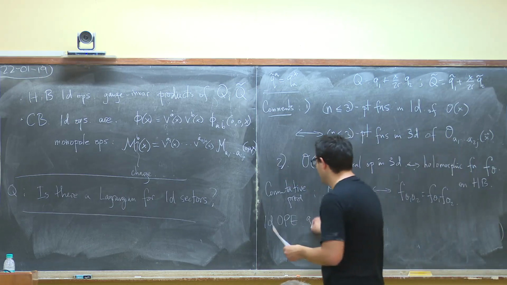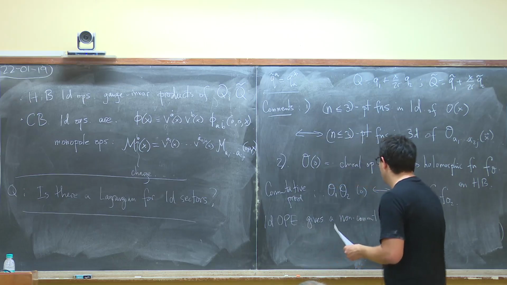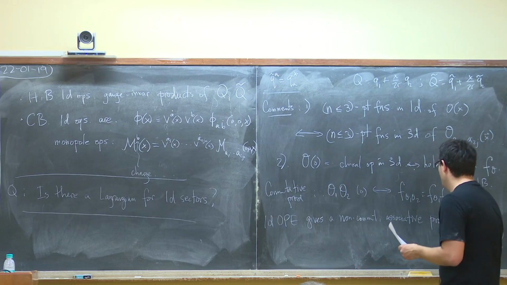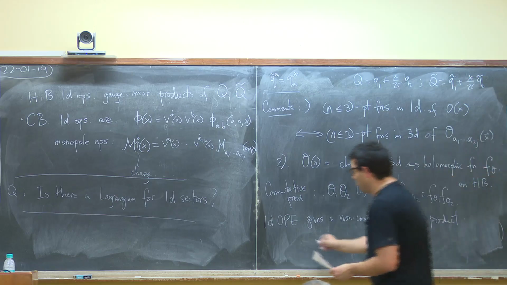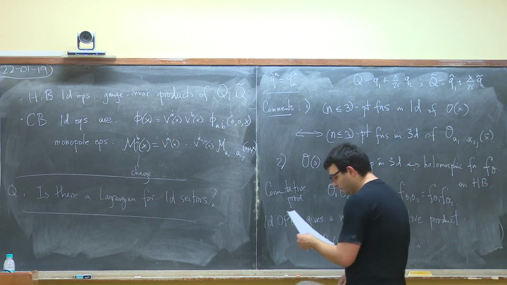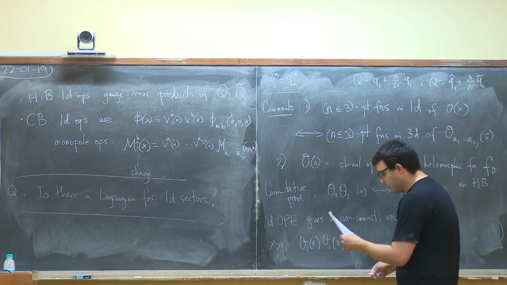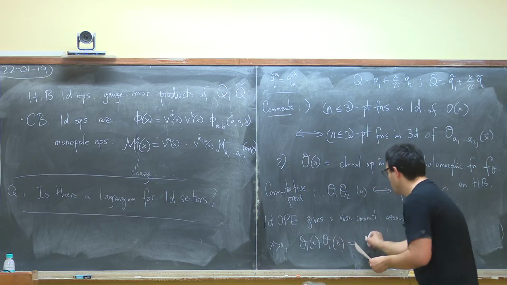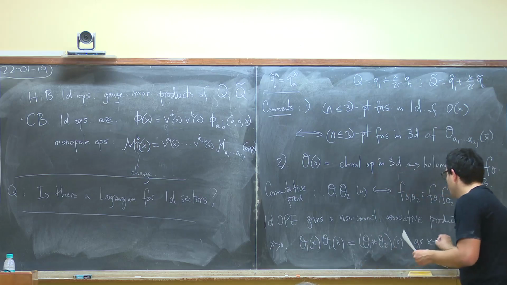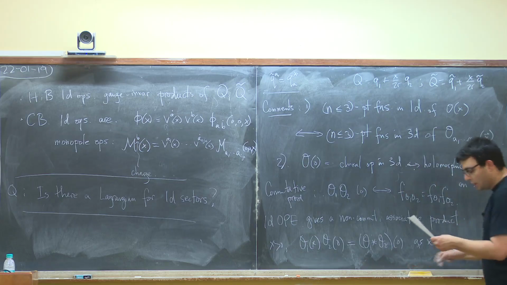This gives a non-commutative but associative product, or a star product. We define O1 of x, O2 of 0, say when x is bigger than 0, and we take x to 0, to be O1 star O2 of 0. Because it comes from the OPE, it's a non-commutative product.